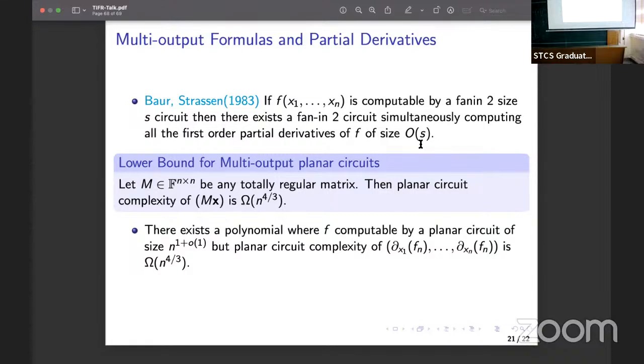Any more questions? For example, for something like homogenization in general, would one expect that that is something that can be done while preserving planarity? Like someone gives you a planar circuit computing something non-homogeneous.